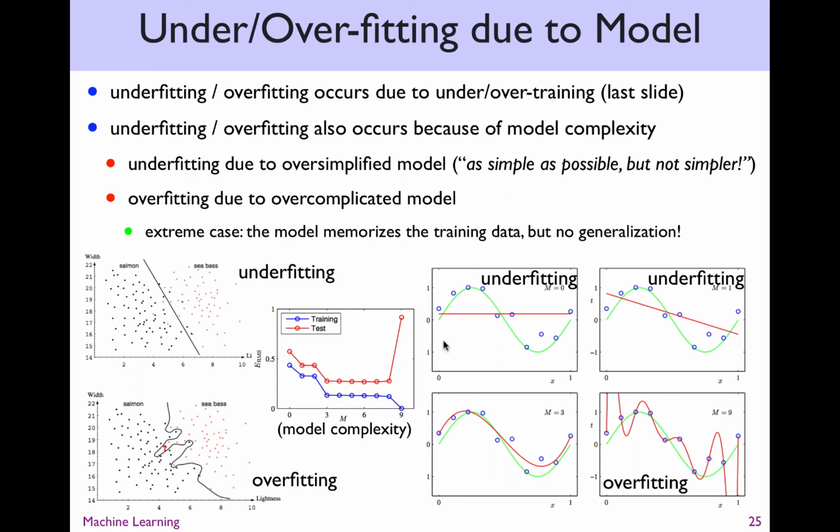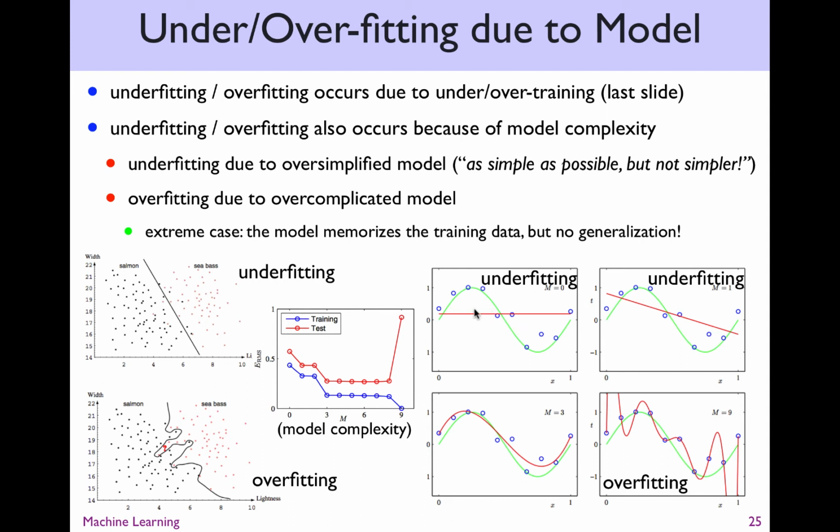Now, here is the example from regression, where your model complexity increases from polynomial of degree 0 to polynomial of degree 9, right? In degree 0, 1, and 2, you're underfitting. In degree 9, you're overfitting, and your test error or generalization error will go very high.